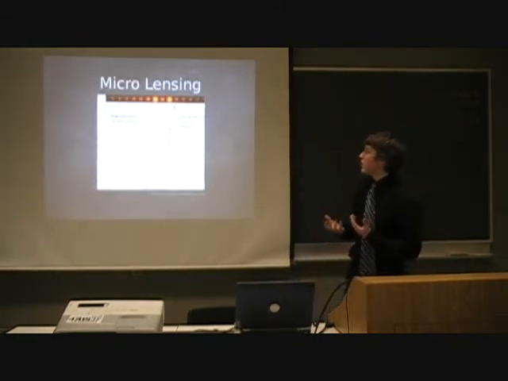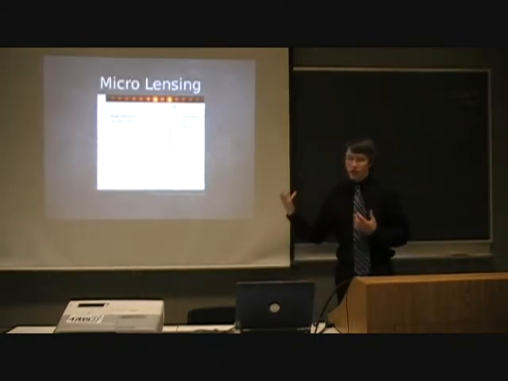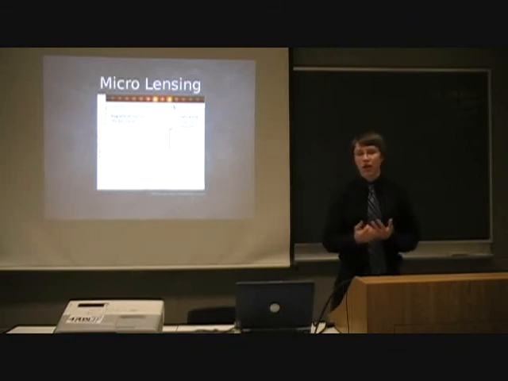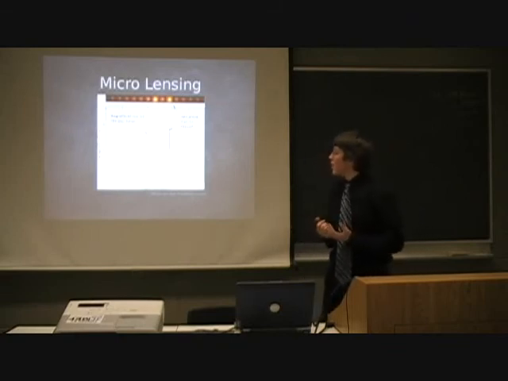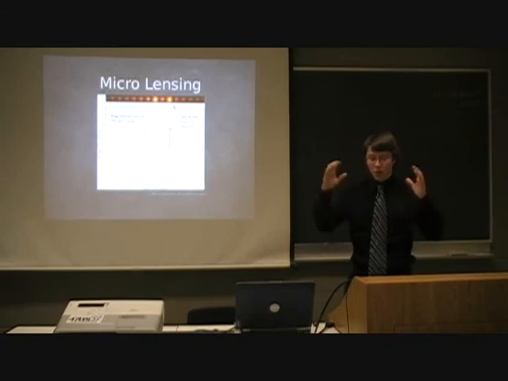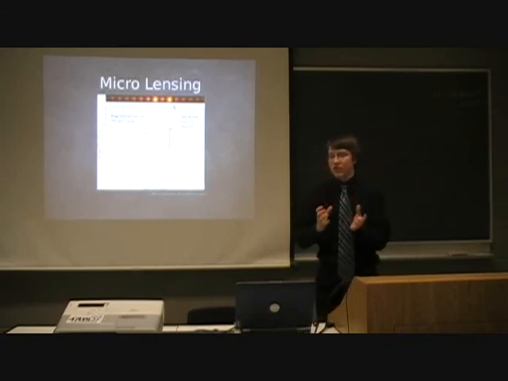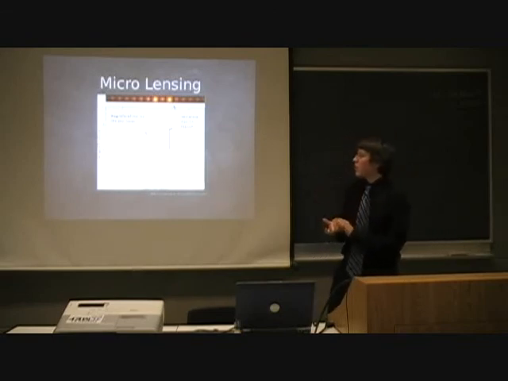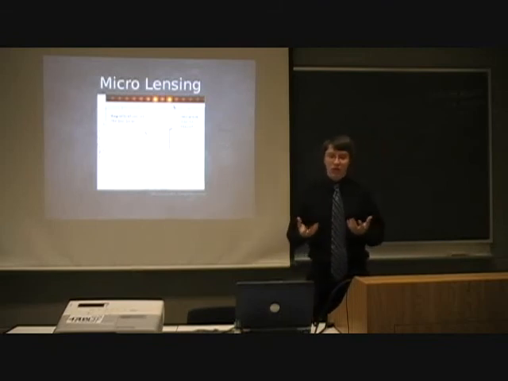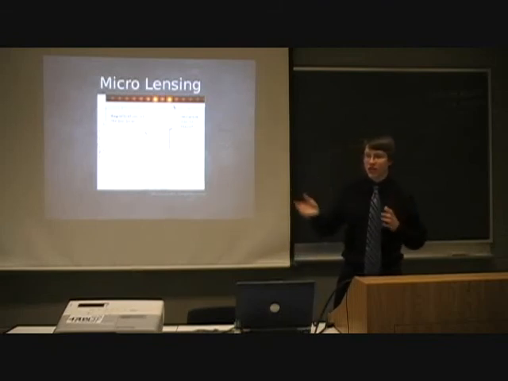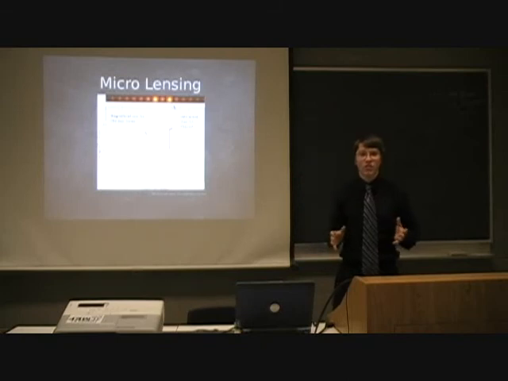Now, in addition to just seeing a single object pass in front, planetary systems have their one large lens and their smaller lens made by the planet. And if you've ever looked in a pool on a sunny day, you see really, really bright lines.